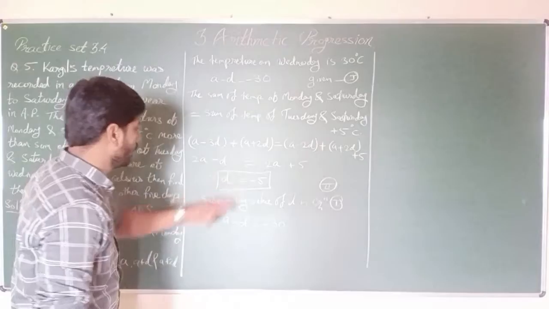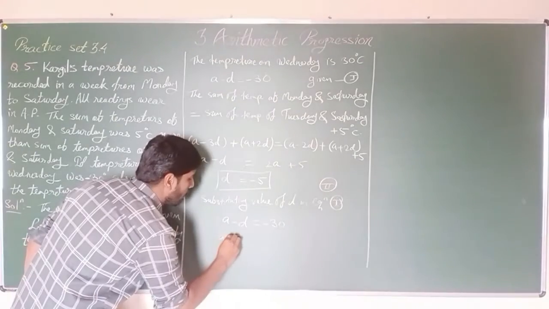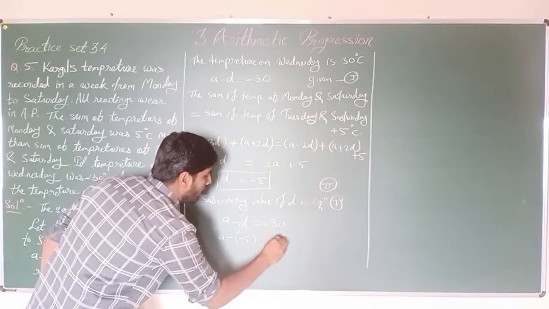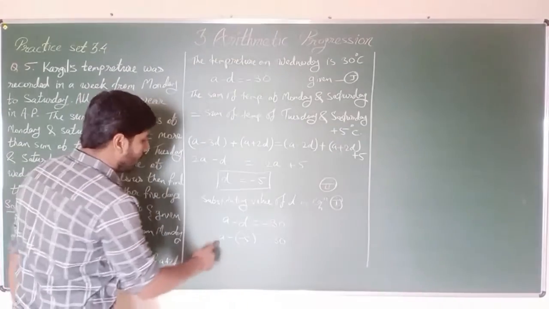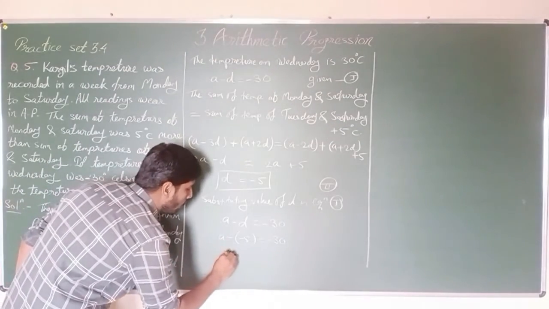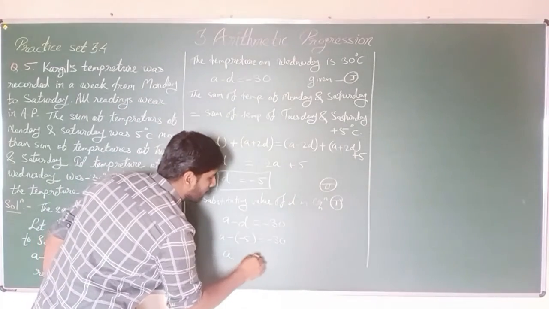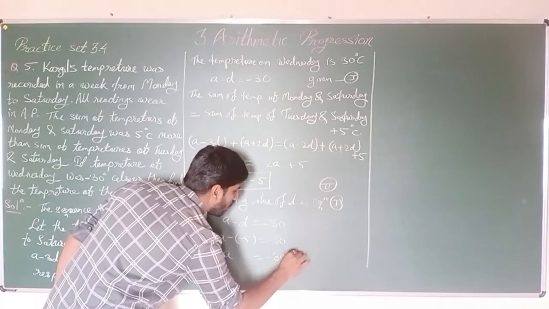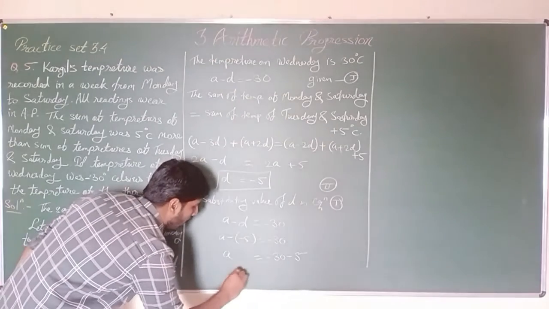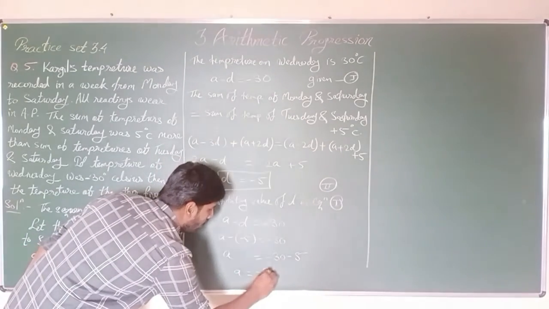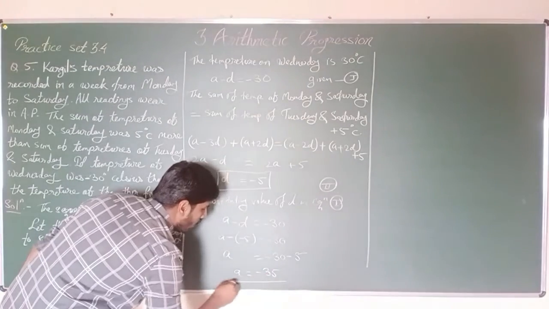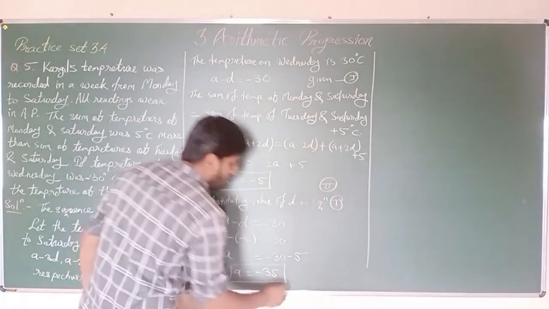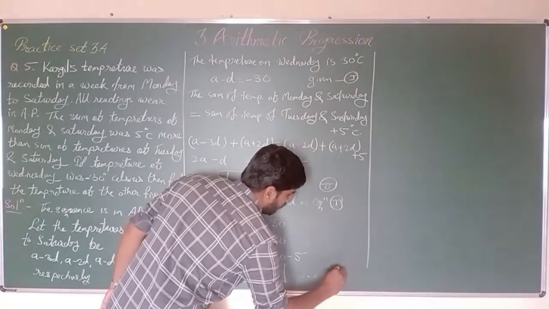But now the value of d is negative 5, so a minus negative 5 is equal to negative 30. So negative into negative will become positive, and this positive 5 on the other side will become negative 5. Therefore a is equal to negative 35, which is the first term of the sequence. We will call this 3.